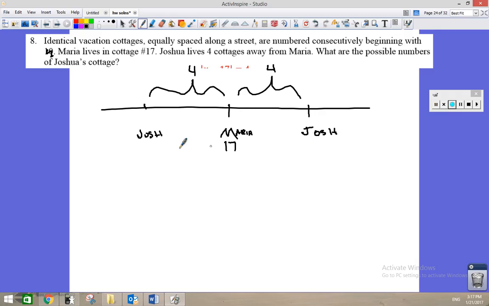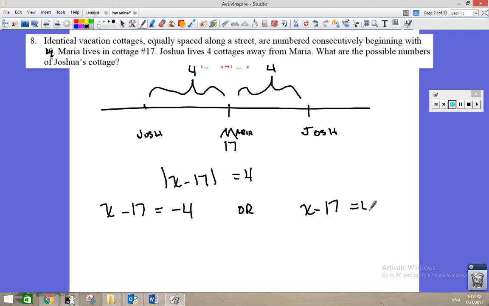Either he lives here or he lives here. |x minus 17| equals 4 yields us 2 equations: x minus 17 is equal to negative 4, or x minus 17 is equal to positive 4. If we add 17 to each side here, we get 13, and over here if we add 17, 21.